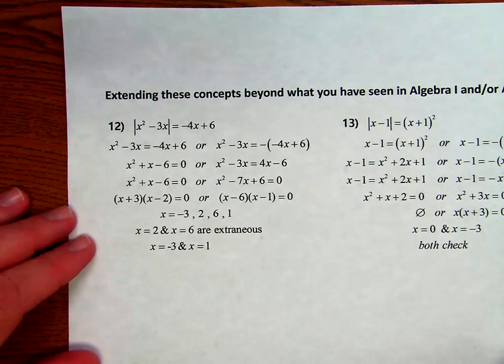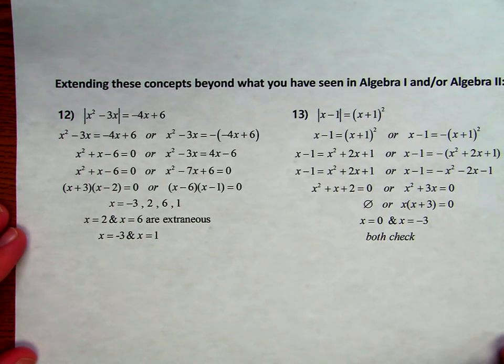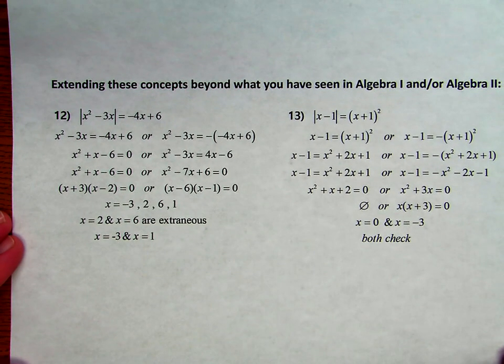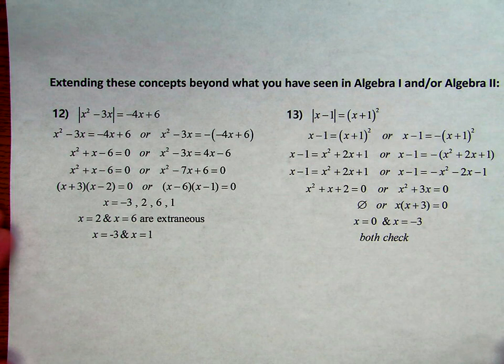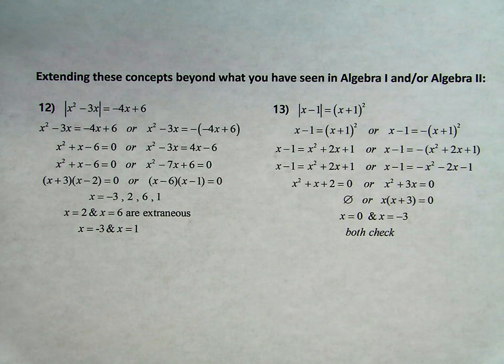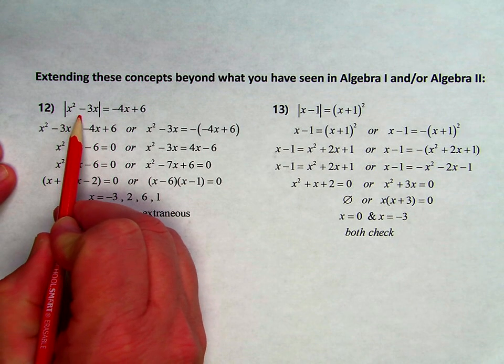Now, this is probably venturing off a little bit further than what you would have seen in Algebra 1 or Algebra 2. The overall concepts are the same, but probably a little bit more going on in terms of the details of each step with these guys here. All right, so big picture here is we have an absolute value equation.